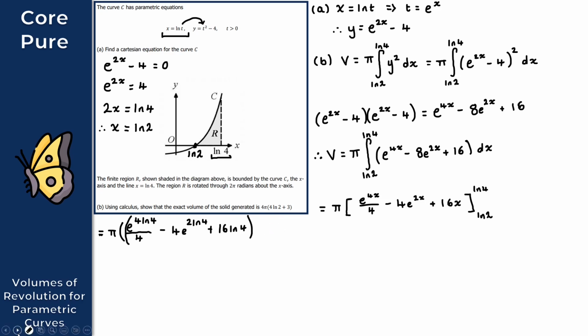So we then have minus e to the power of 4 ln 2 over 4. All right, this looks a little bit neater. We then have minus 4e to the power of 2 ln 2, and then finally we get 16 ln 2.